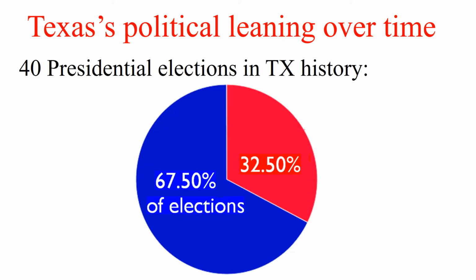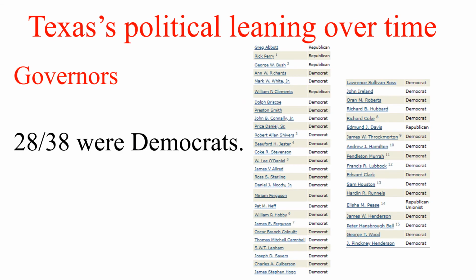So graphically speaking, 2/3 of all presidential elections went to Democrats, and only 1/3 went to Republican candidates in Texas history. When we look at the governors, we see that in the history of Texas, 23 out of 38 governors have been Democratic Party members, which is roughly about 65% or so.